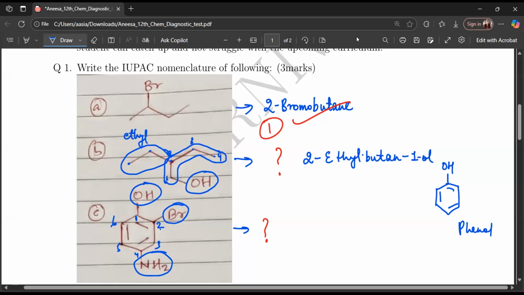This is the amino group and this is the bromo group. Obviously A comes first, then B. So what is the amino position? It's 4, so 4-amino. On the second position, the bromine group is there. So 2-bromo. 4-amino-2-bromophenol.